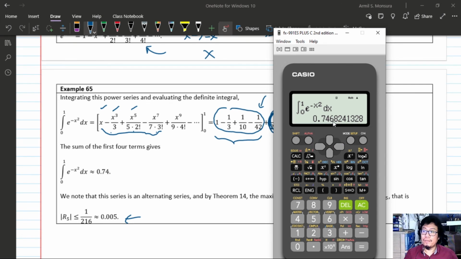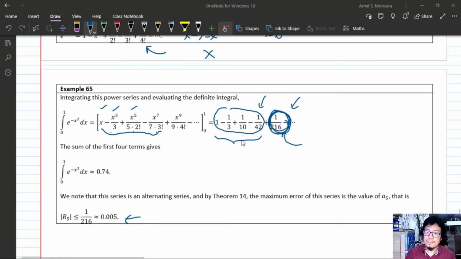There, it can evaluate 0.7468 something. So that's how we can actually use Taylor series and Taylor polynomials in order to make approximations.